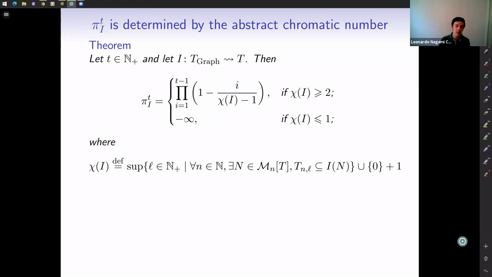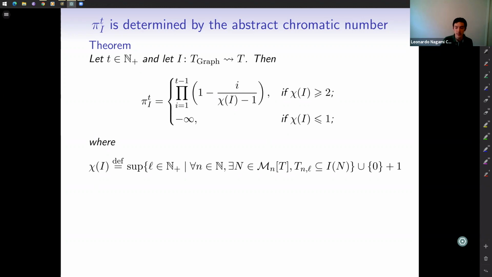So here's the theorem for the general setting. You have an open interpretation again from the theory of graphs to some theory T, and remember this was saying maximize T cliques in anything that comes from this open interpretation, and let the size go to infinity.